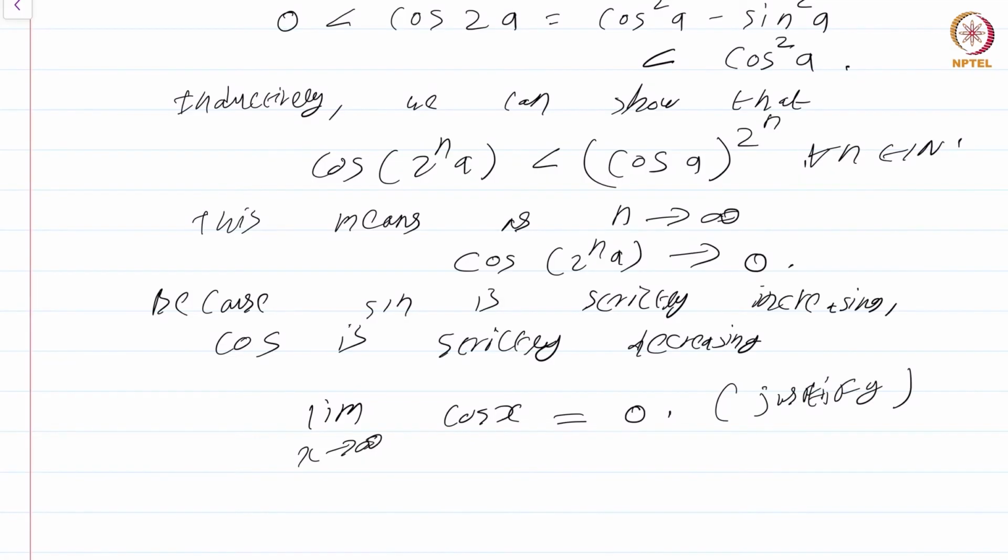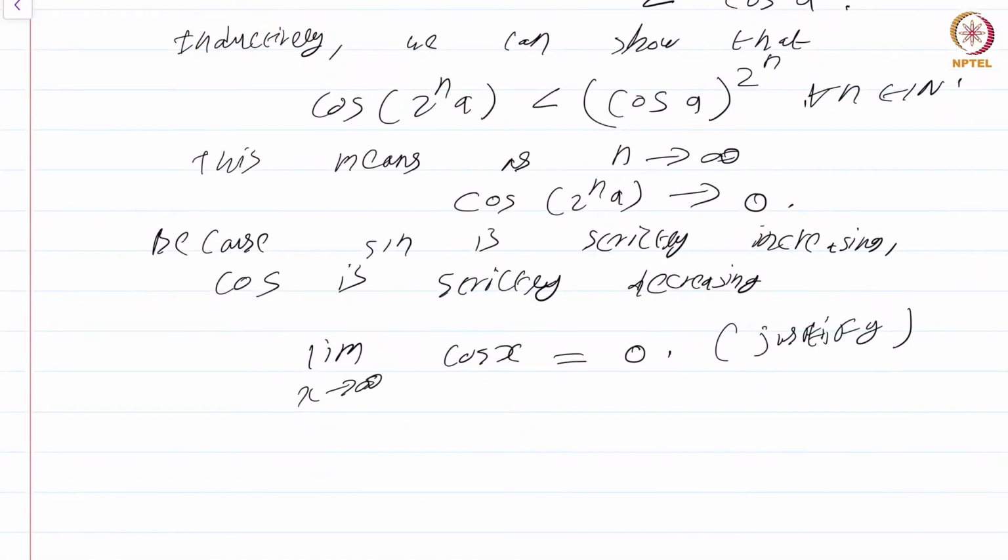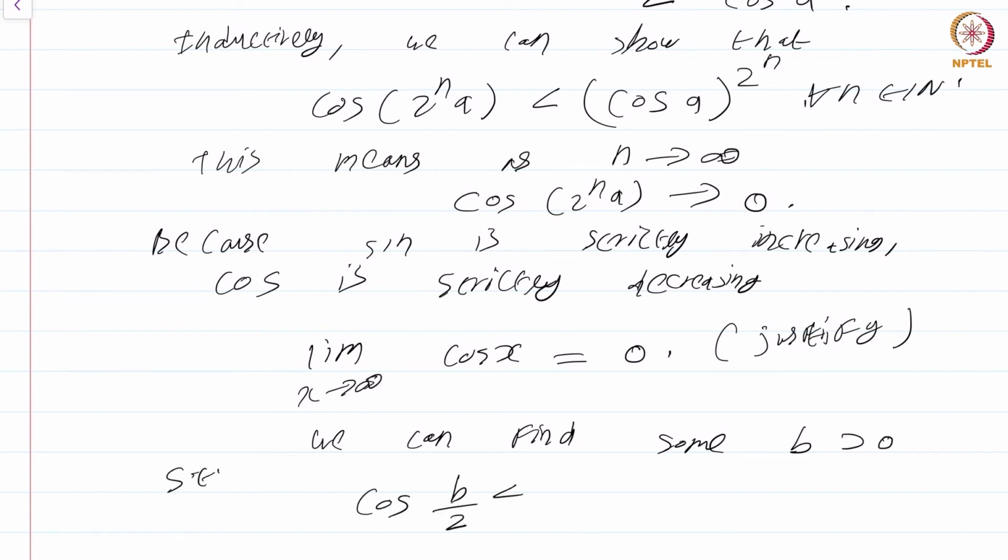Okay, now because limit x going to infinity cos x is equal to 0, we can find some b greater than 0 such that cos b by 2 is less than 1 by 4.